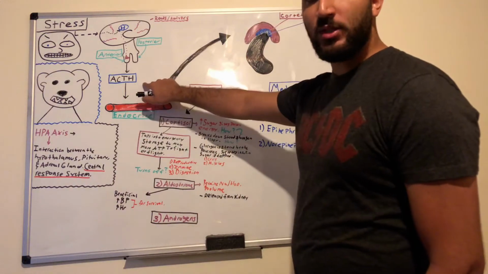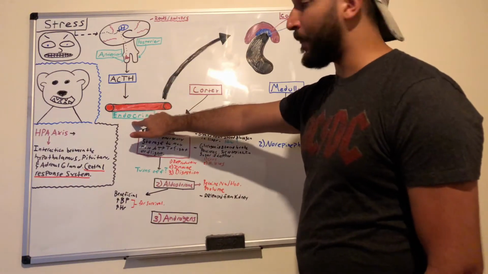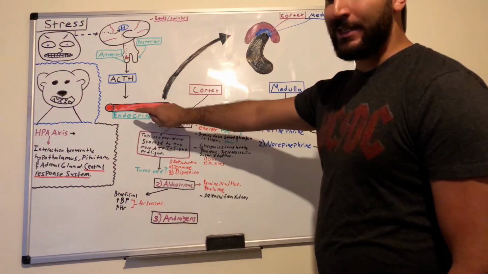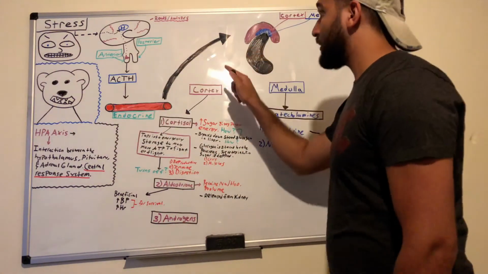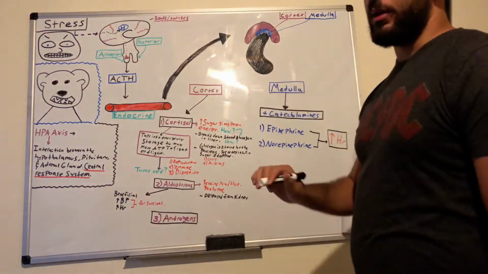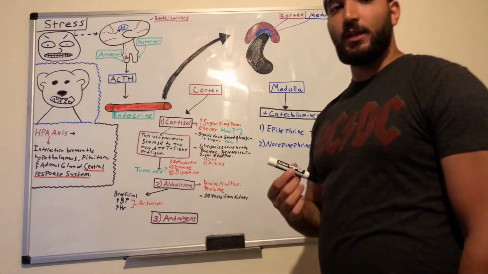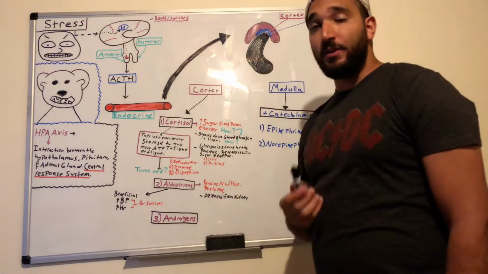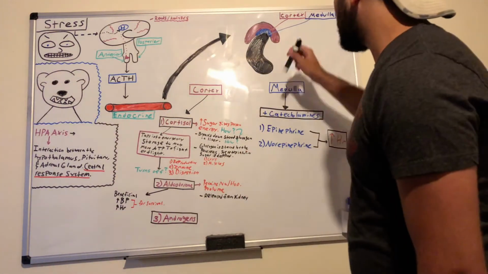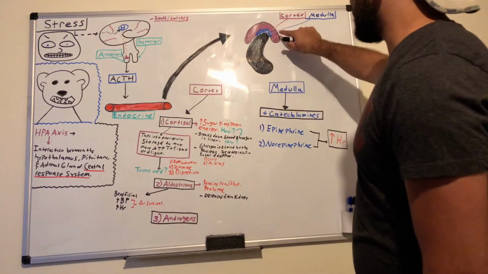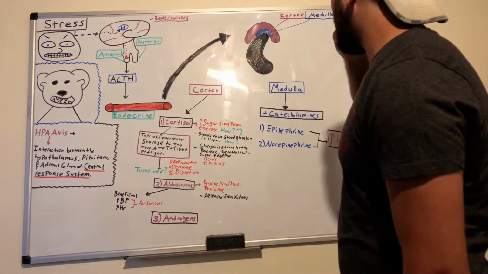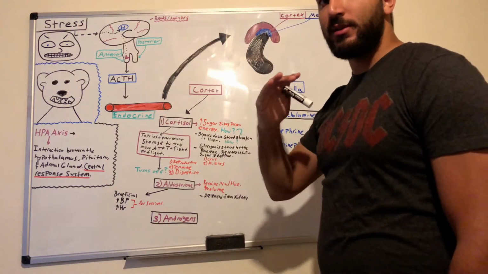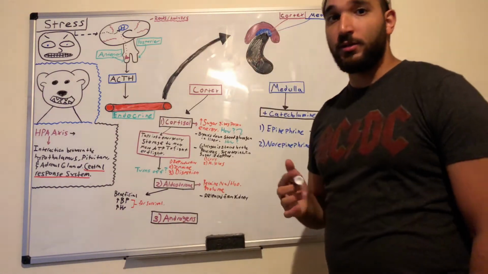So ACTH is sent through the bloodstream by the endocrine response, and then it travels towards the kidneys. We're not going to be talking specifically about the kidneys, we're just talking about what's on top of the kidneys. What's on top of the kidneys is the adrenal cortex, and the adrenal medulla, which is the inner section of the cortex.